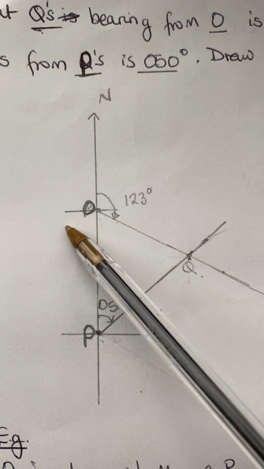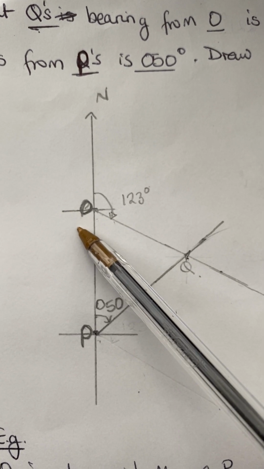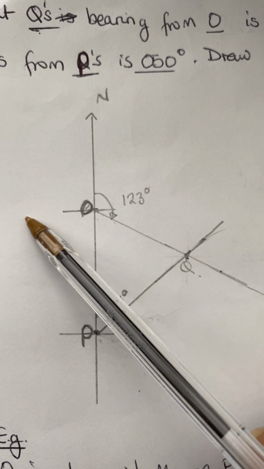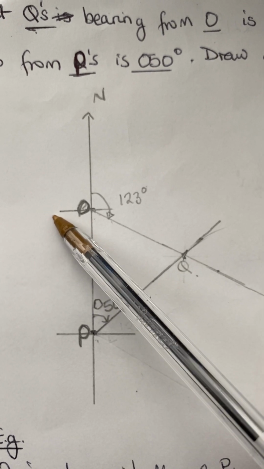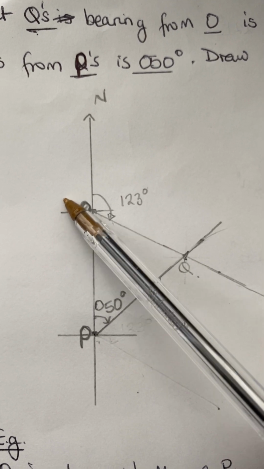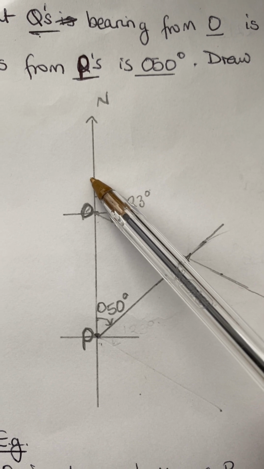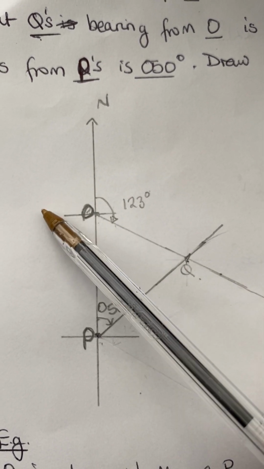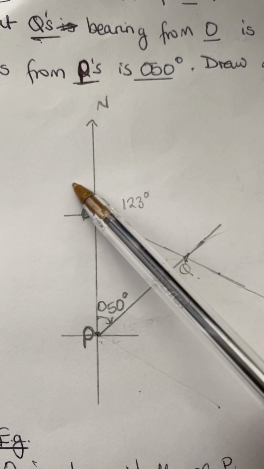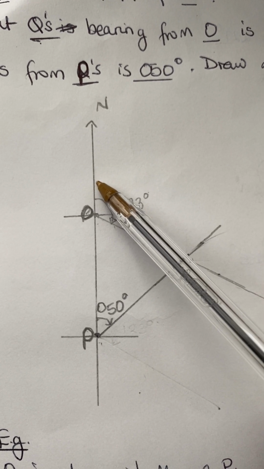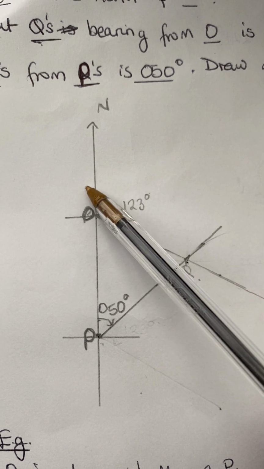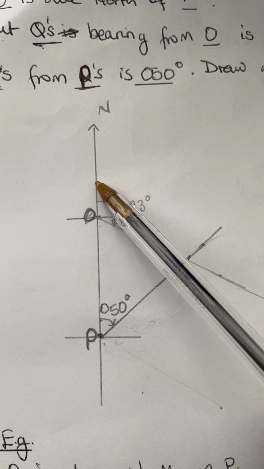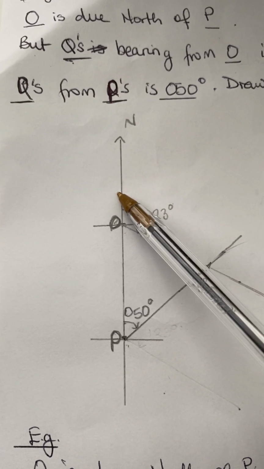From there to there will be my third quadrant, which is 270 degrees. And from there to there, back to the north, is my fourth quadrant, which is 270 to 360 degrees. We did this in the introduction. Go back and watch if you didn't get it.